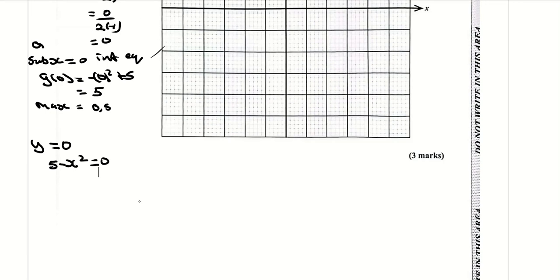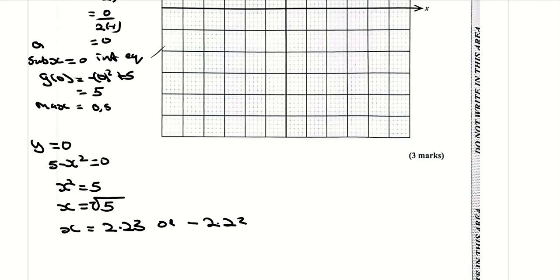So we have positive x squared is equal to 5, so x is equal to plus or minus root 5. So what is the square root of 5? The square root of 5 is equal to 2.23 or negative 2.23.